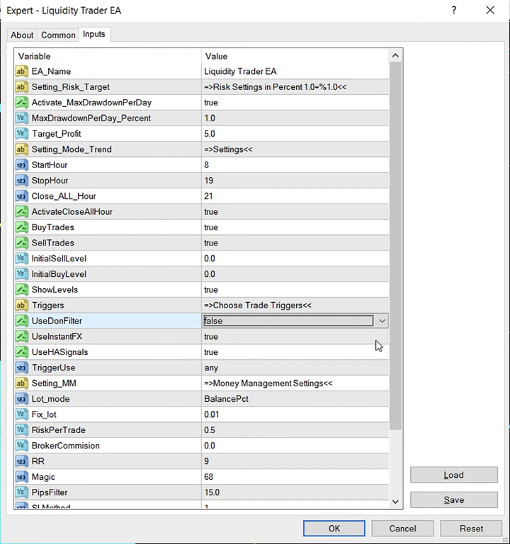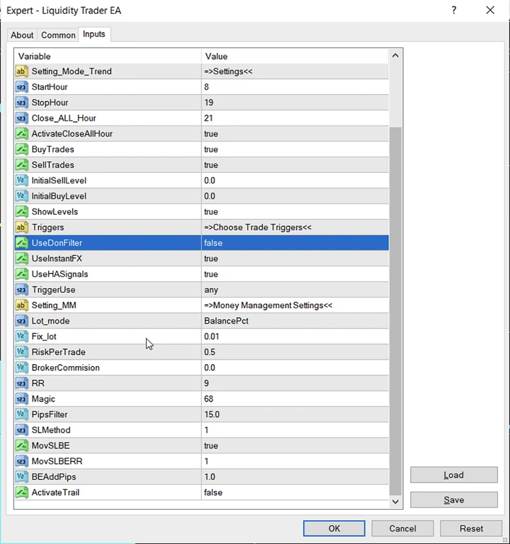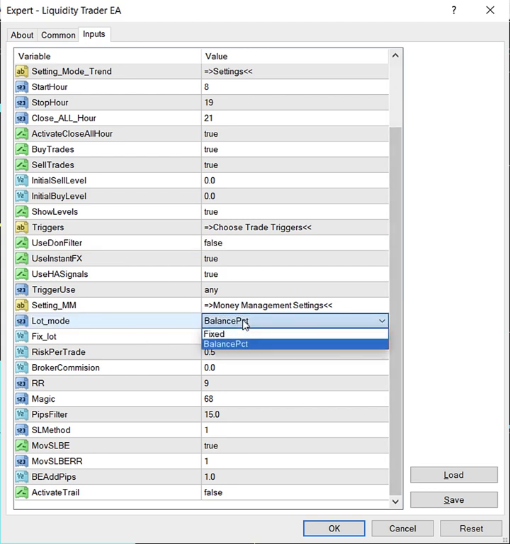Now in the lot mode, you can choose between having a fixed lot size and a percentage of the balance lot size. So if you want the fixed lot size, you can choose it in the fixed lot here, and if you want the balance percent, you can choose it here. So here I'm risking 0.5% per trade.